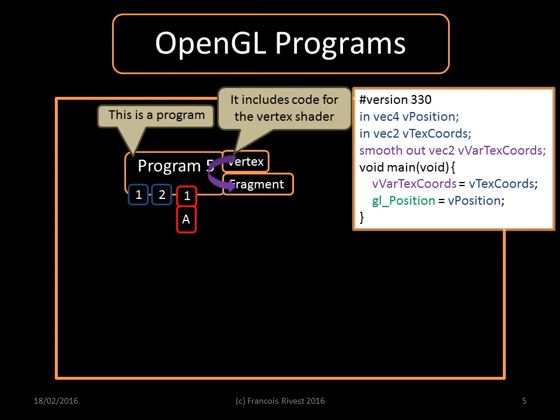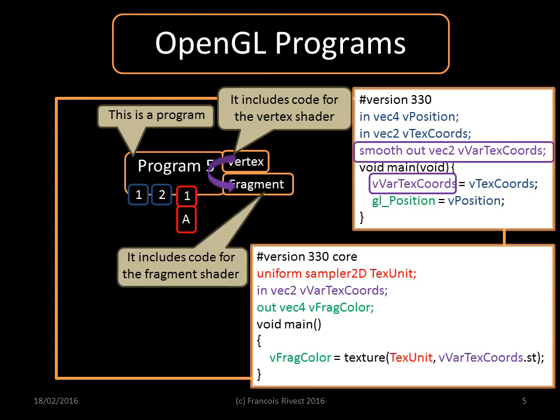And it also has an output variable, vTexCoord. vTexCoord is smoothed out, meaning that every fragment will have an interpolated value based on the vertex at each corner of the line or of the triangle that it's generating. And gl_Position is output as usual. So this is the variable of interest. We're generating a new variable and we want it to be interpolated. This is what smooth means. So every fragment will have its own texture coordinates, basically, in this case.